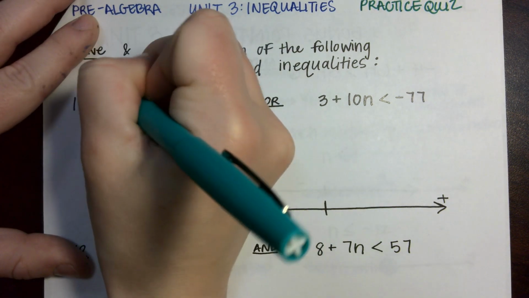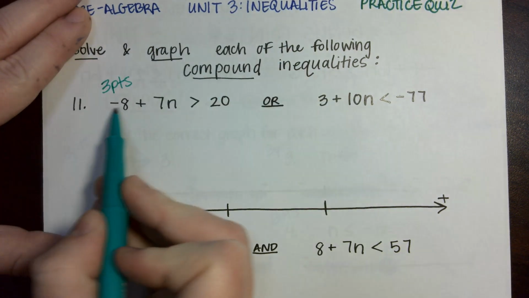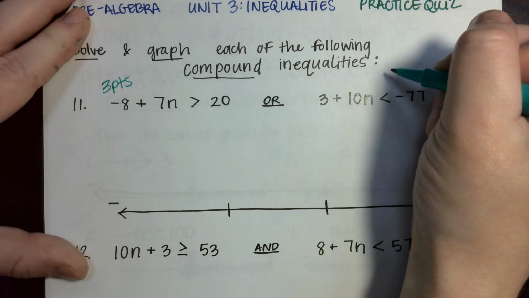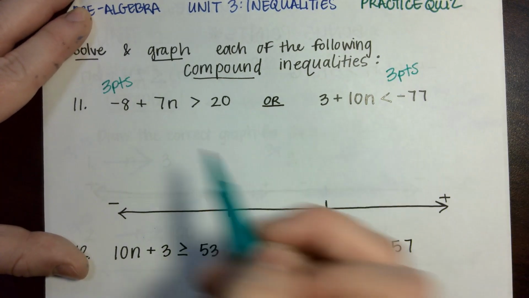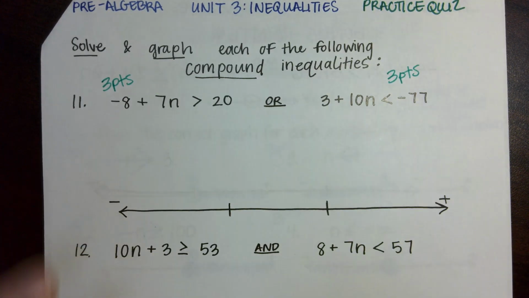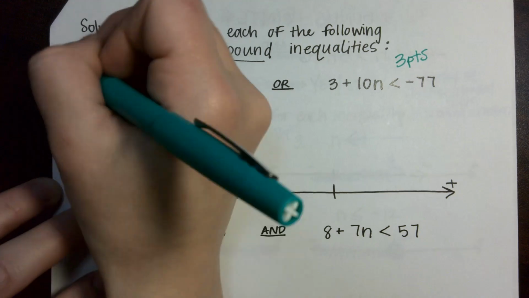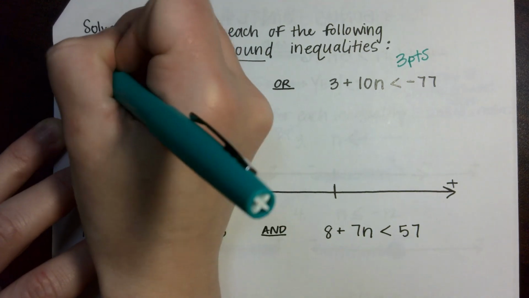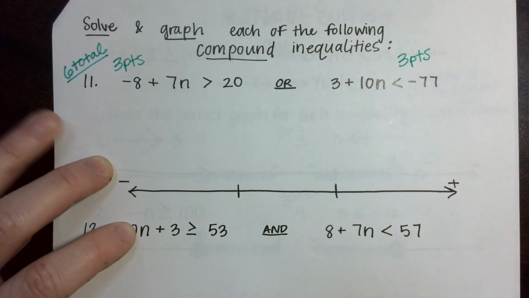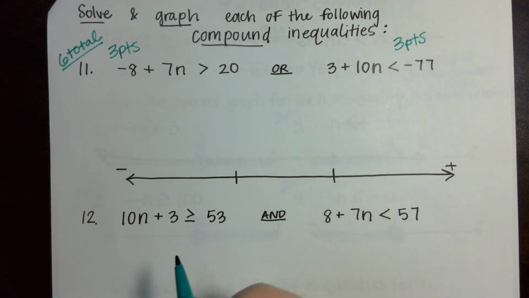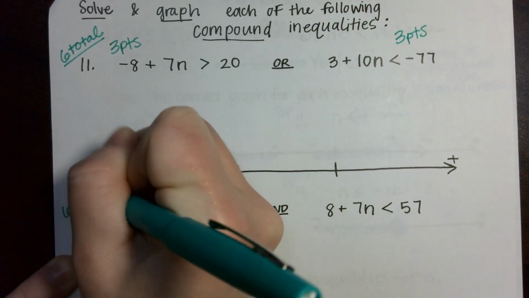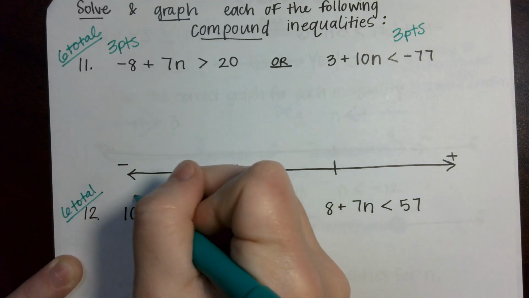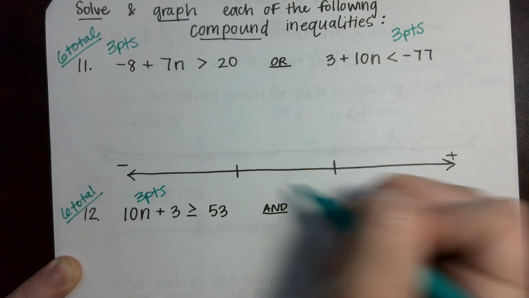So 3 points for number 11, 3 points for this other part of number 11. So 11 is 6 points total. Alright, and same with 12. 6 total points because there's so many parts to a compound inequality.